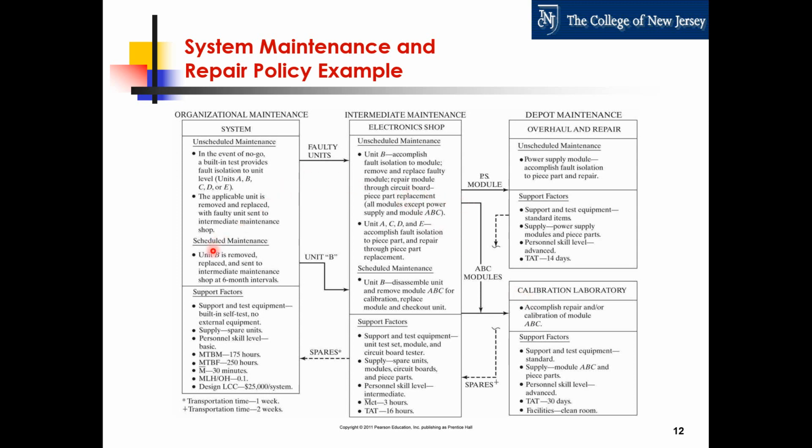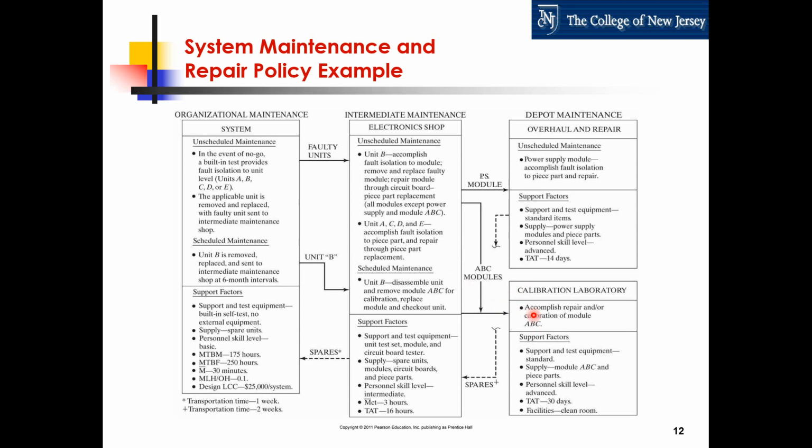So they get taken out, they get replaced in the operational site, they get sent for a scheduled maintenance at the intermediate site, and again, from there, they can be sent for calibration. If calibration is due, it may be that you fix it, but it still is not due for calibration, so you don't necessarily have to go back to the factory. But in the case that that happens, you do have to send it back.